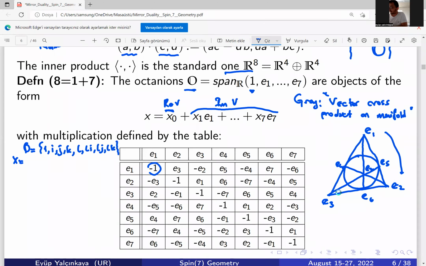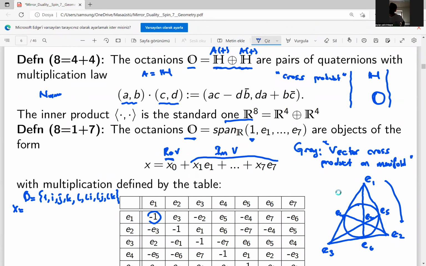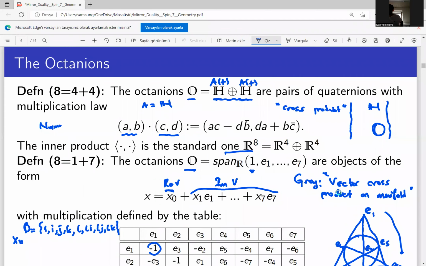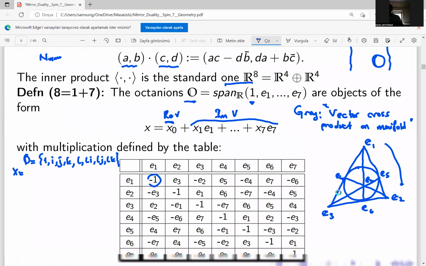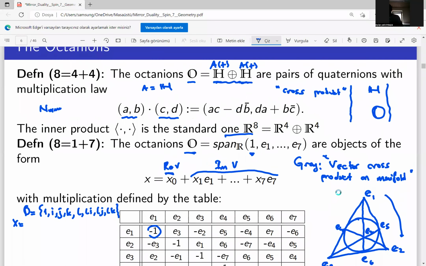Okay. So if you define the multiplication for this new component, you can see directly it's the combination of H product with H. Both constructions give us the same result, but these two constructions give us an idea.